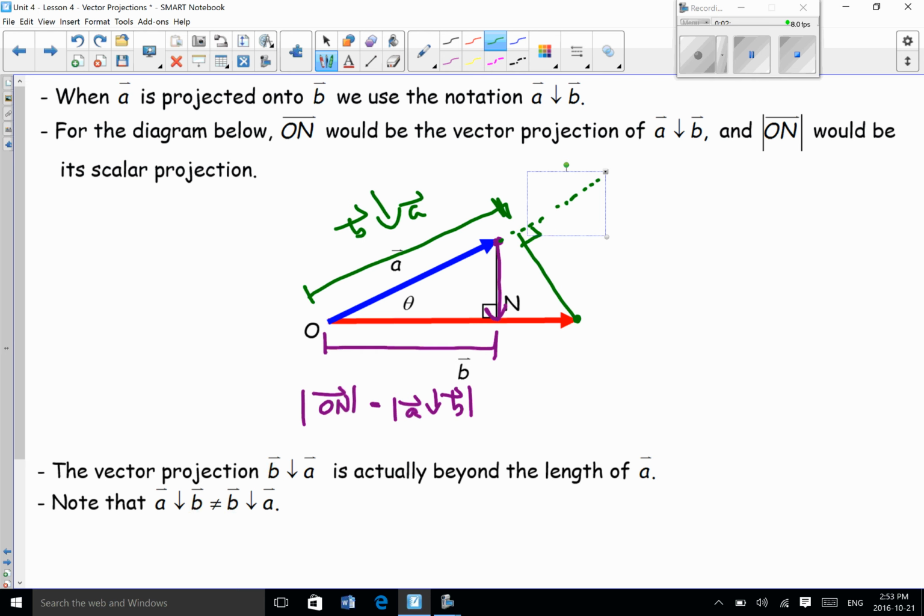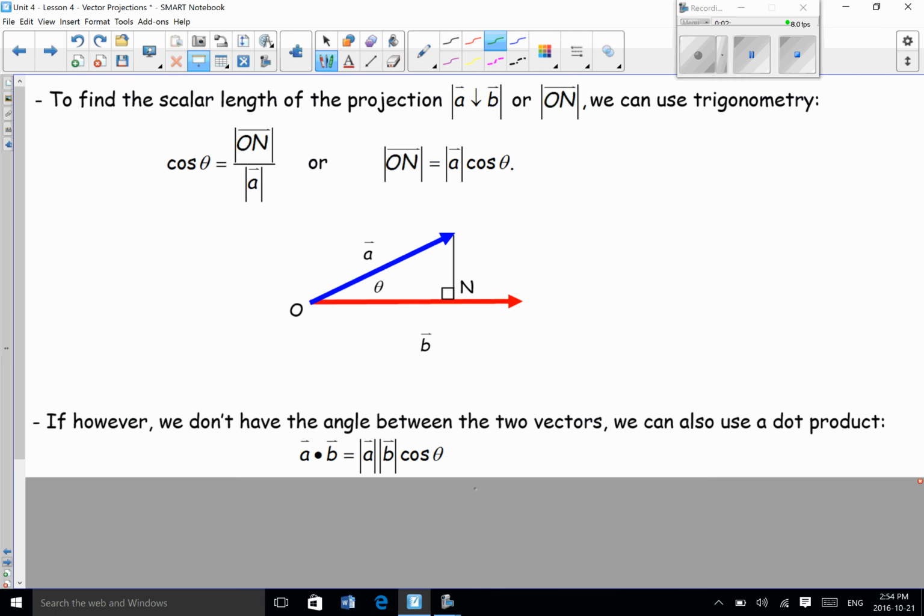Okay, so I want to do the math now. How do we do the math to find the projection of A onto B? Well, first of all, we'll talk about the scalar length, the size of that projection. To do it, we're going to use some trigonometry, some SOHCAHTOA.